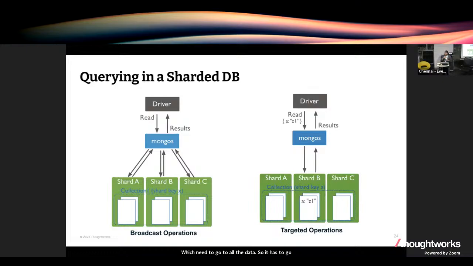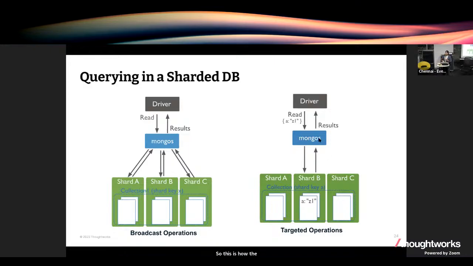Sometimes the MongoS also does not know where the data you're looking for is, maybe because it's not based on your shard key. In that case, the MongoS will broadcast the query to all the shards to find the relevant results, and then merge and give them back. So this is how broadcast operations work.